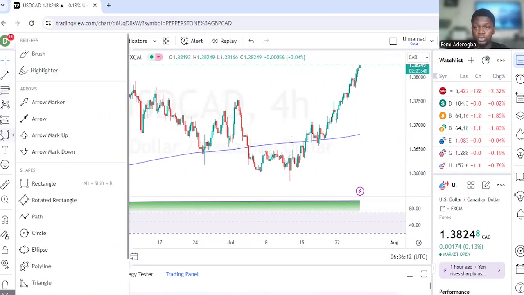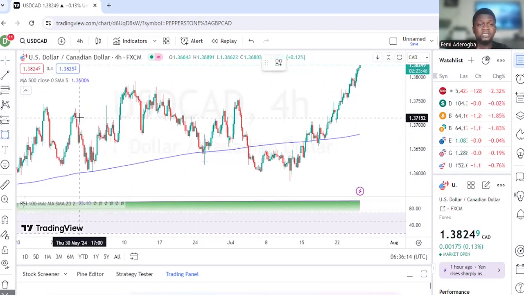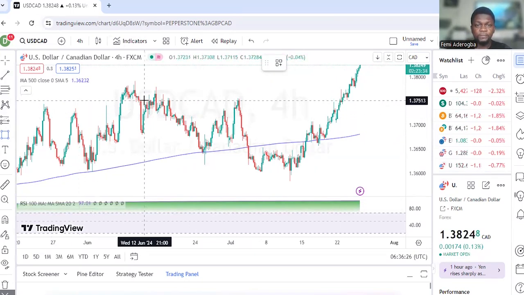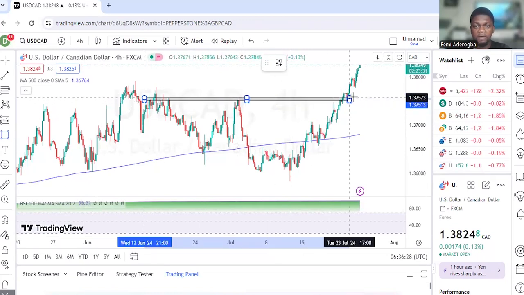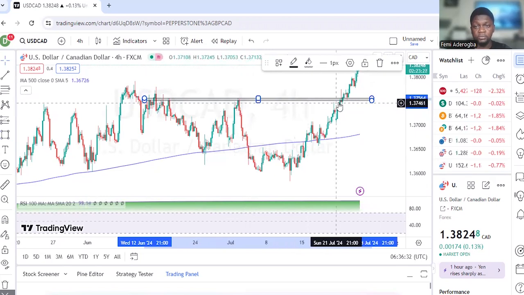See, now let's look at something. The power of news on USD CAD. You can see that the news regarding dollar was a positive one, especially that particular crude oil inventory, and that against CAD was negative. See, the first thing is that this news affected here. It made it break this level, and this came on Monday.